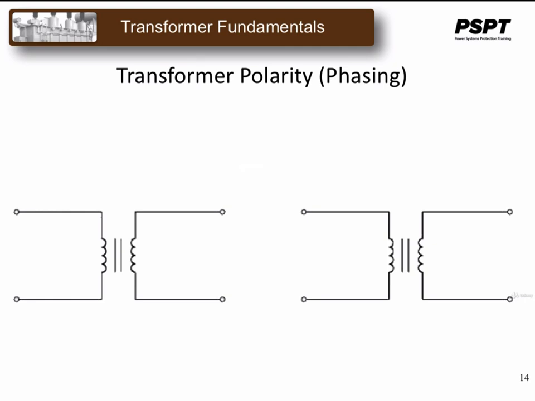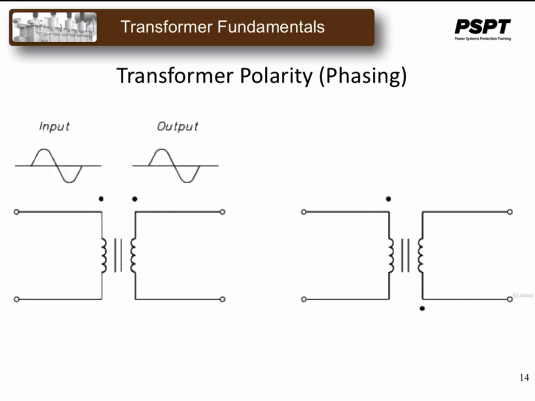The bare symbol for a transformer gives no indication of the phase of the voltage across the secondary. The phase of that voltage depends on the direction of the windings around the core. In order to solve this problem, polarity dots are used to show the phase of the primary and secondary signals.